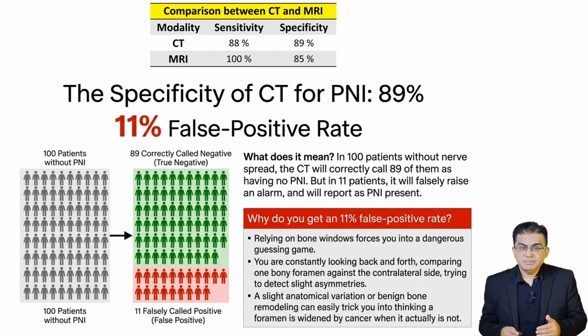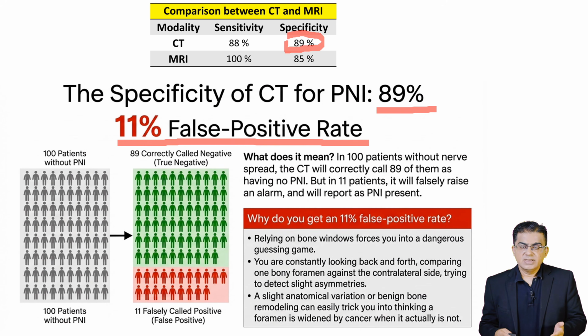Now let us look at the specificity of CT scan for PNI. It is 89%. What does it mean? This means in 100 patients without nerve spread, the CT scan will correctly call 89 of them as having no PNI. But in 11 patients, it will falsely raise an alarm and report PNI present. That is an 11% false positive rate. Why do you get an 11% false positive rate?